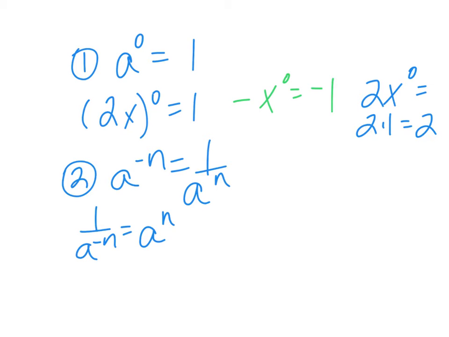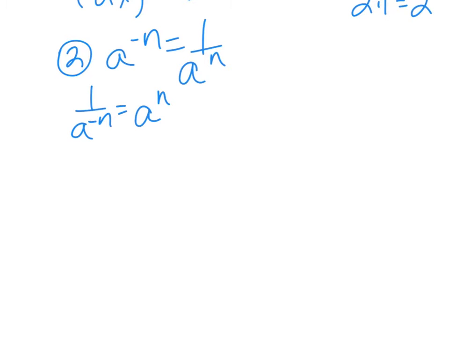You have to think about where the negative exponent is. I'm having a hard time thinking of examples. Like if you had negative x to the negative n, that's negative 1 over x to the n. Let's put a number on that.